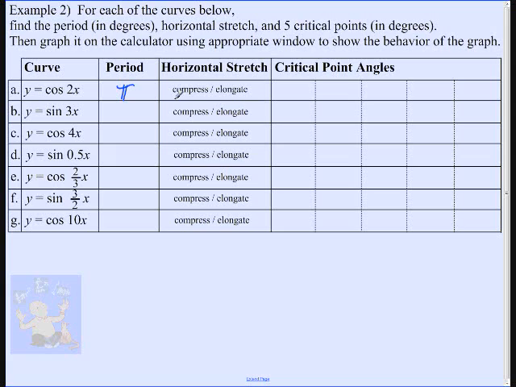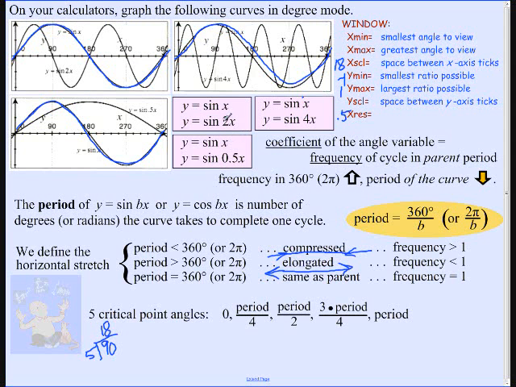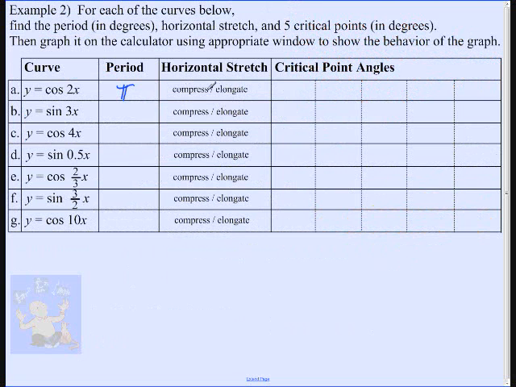Have we compressed it or elongated it? Let's go back a moment. This one, when we doubled the input, this is the frequency, what happened? It compressed. Same thing for cosine.